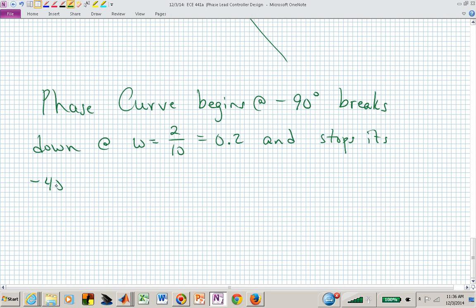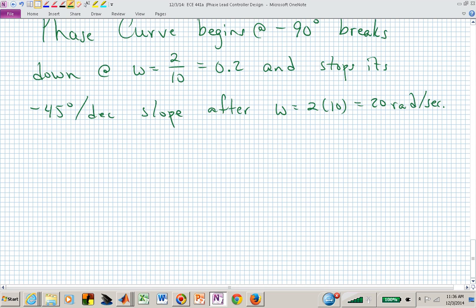It's minus 45 degrees per decade slope a decade after the pole, which the pole is at 2, so it's going to stop its slope after omega equal 2 times 10, or 20 radians per second. Meaning our phase curve now is going to be flat at minus 90.